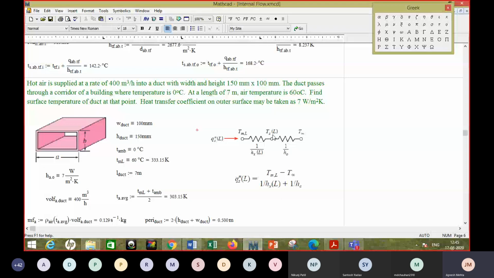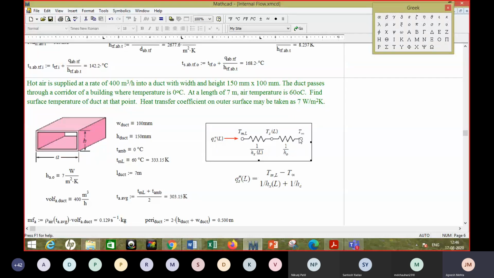There is a boundary layer of the fluid on the inner surface, and because of that there is some resistance offered. Because we have taken the inside area and outside area the same, you can write 1 upon hA as the thermal resistance. So this is the fluid temperature, T_ML, the air temperature, and T_S is the surface temperature, and this T_S is less than T_ML because of the resistance offered by the inner surface boundary layer.